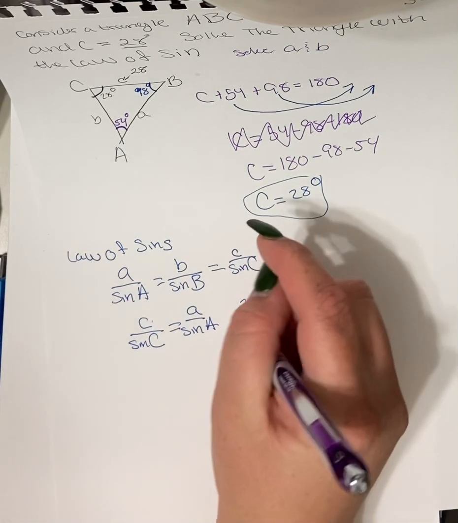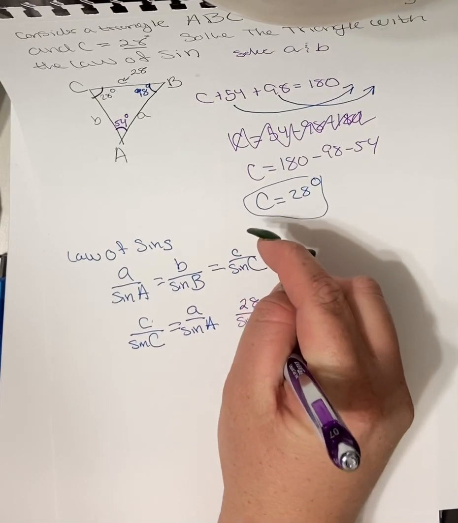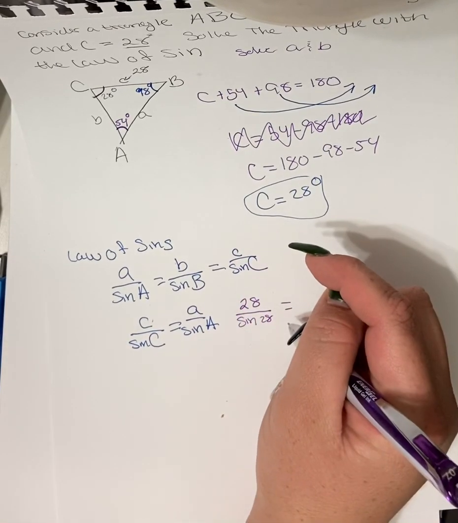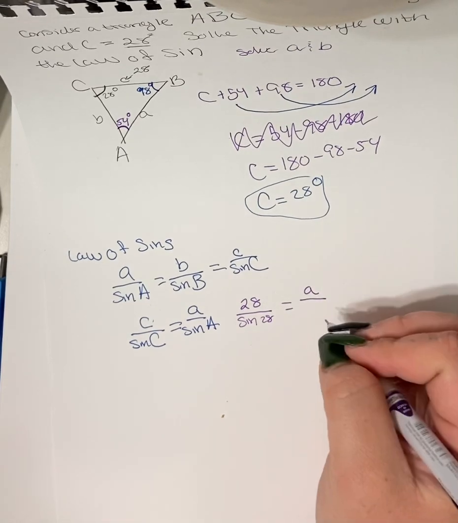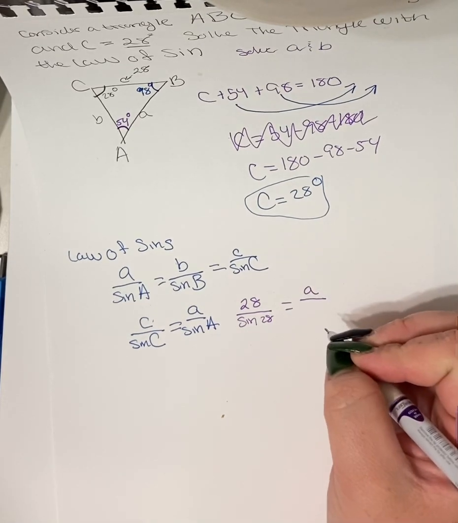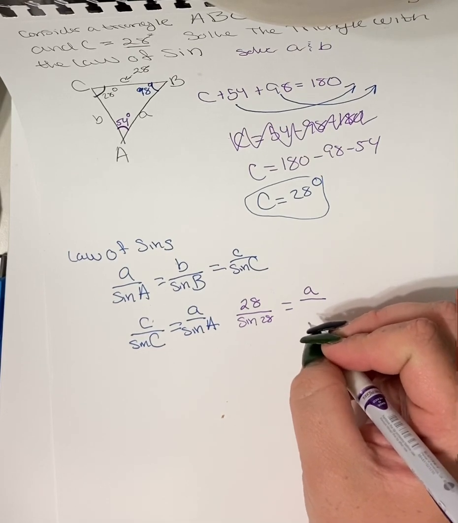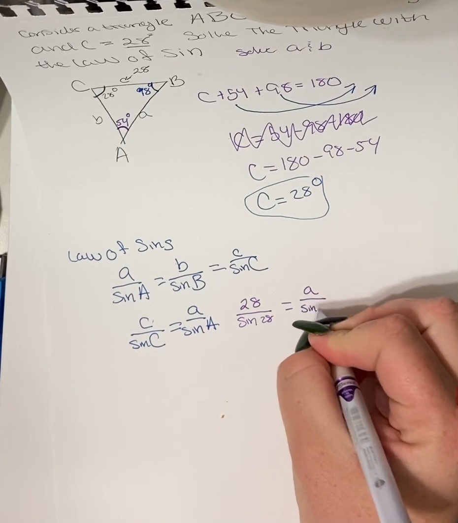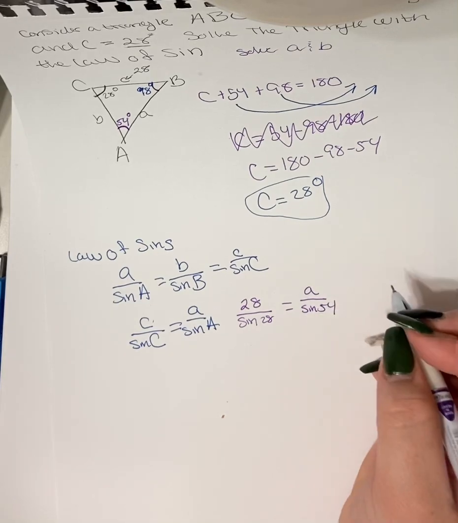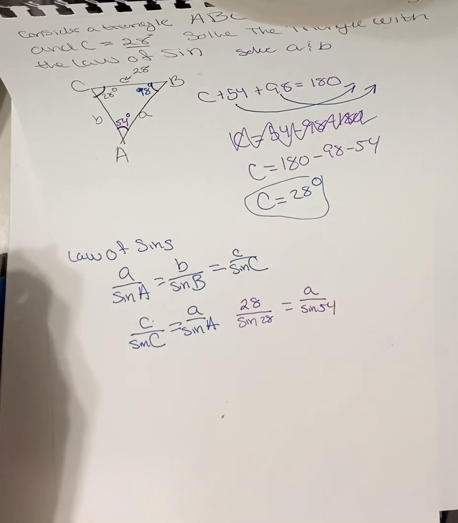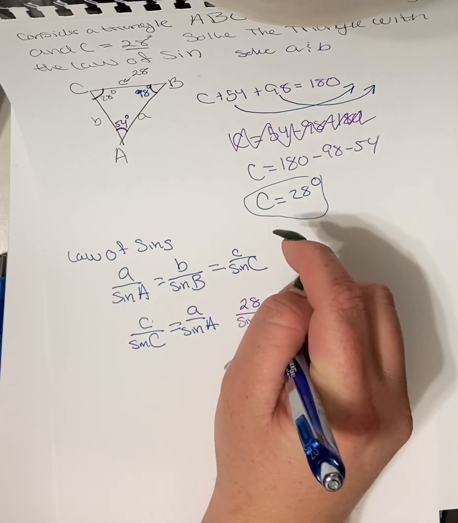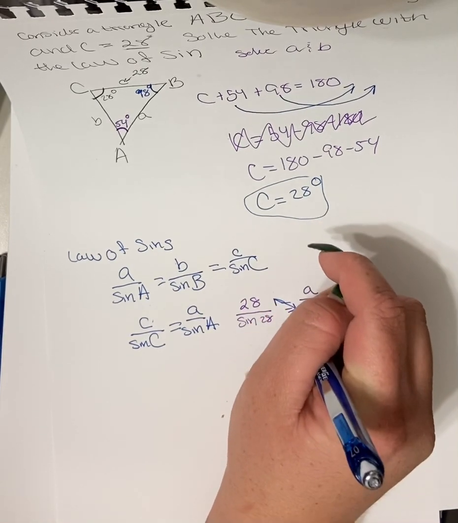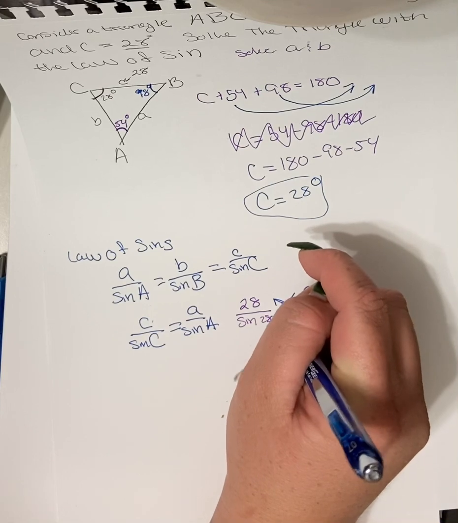So then 28 equals, we don't know what A is, so we're going to keep it small, but we know what the big A is. The big A is 54. So we're going to do sin 54. Now we are going to do this beautiful thing called cross multiply, where you cross multiply these two, and you cross multiply these two.